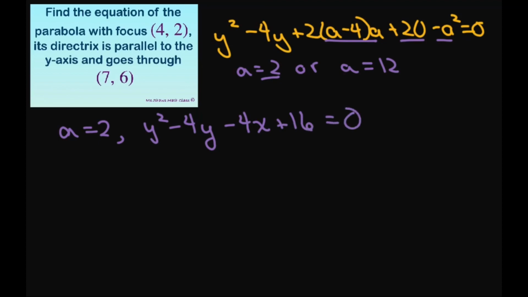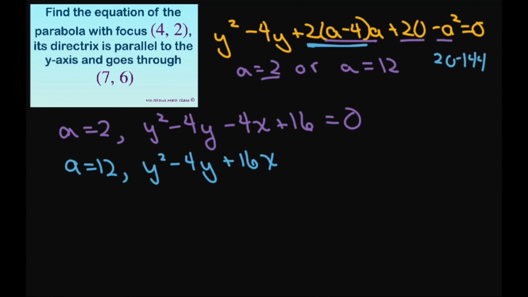All right, if a is 12, we're going to get y squared minus 4y, and then for this piece here, we're going to get plus 16x, and 12 squared is 144, so 20 minus 144 gives us negative 124 equals 0.